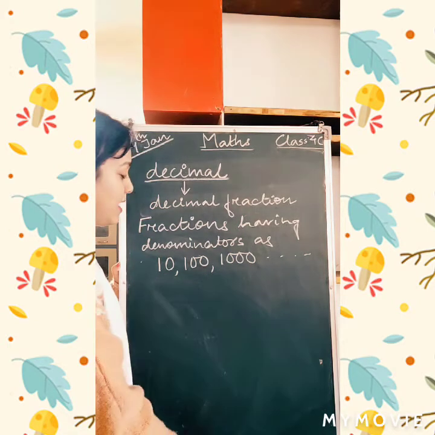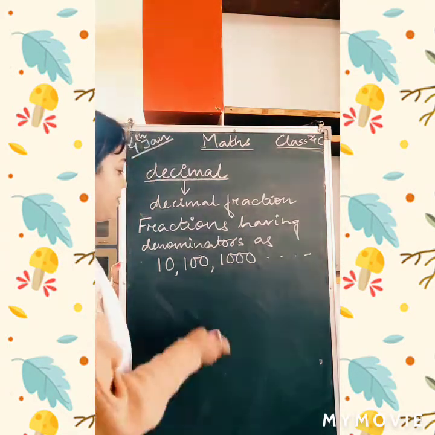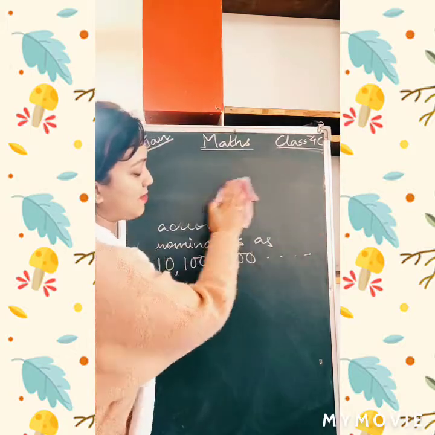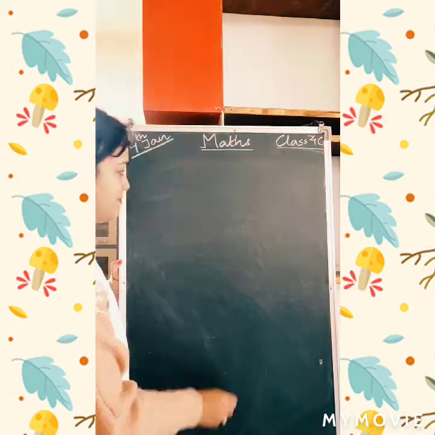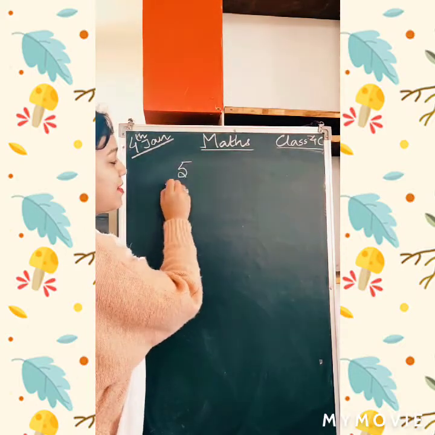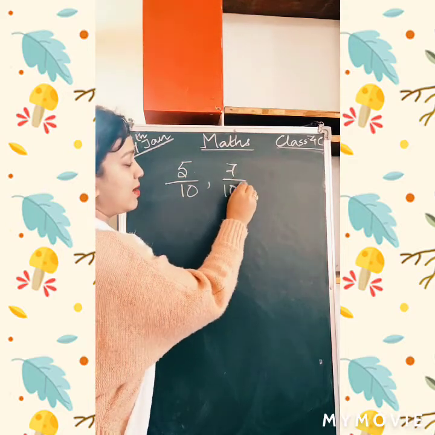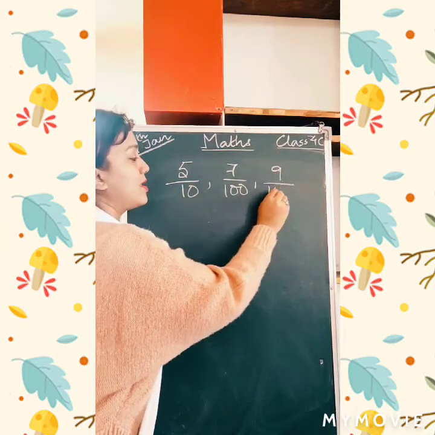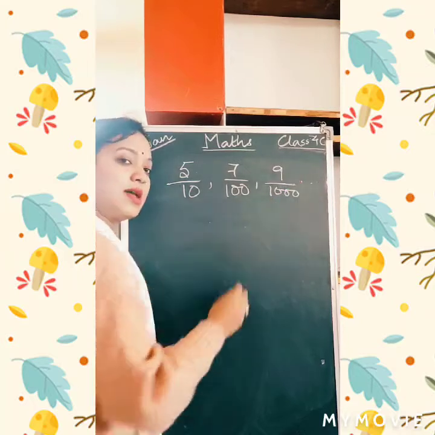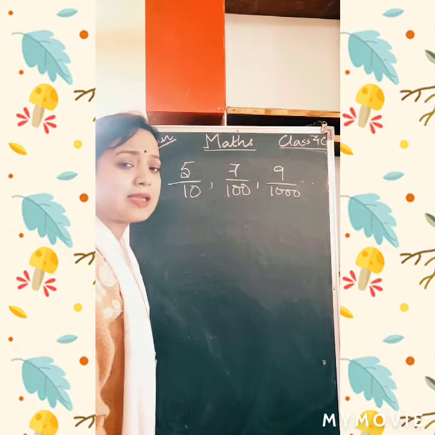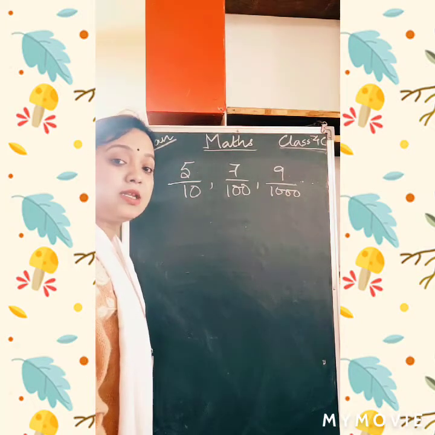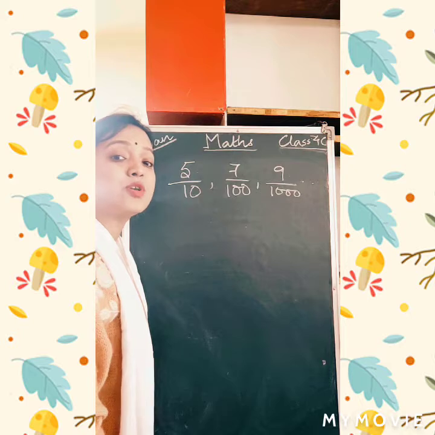Okay. Now, I will give you an example of decimal fraction. A decimal fraction can be 5 by 10, 7 by 100 or 9 by 1000 and so on. The numerator can be any number, but the denominator should be the powers of 10.